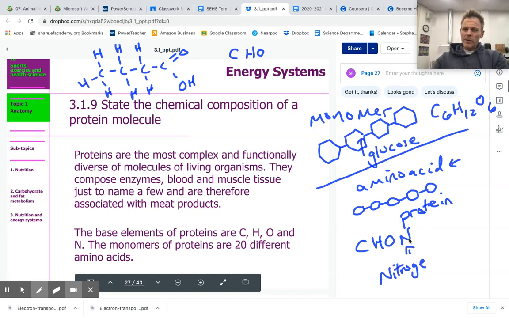And to be fair, and we'll talk about this in the next video, there are sometimes more than just this, depending on the type of amino acid. But let's stick with that for now. Whoops, I forgot my little N here, nitrogen. So that is the chemical composition of proteins: carbon, hydrogen, oxygen, and nitrogen.